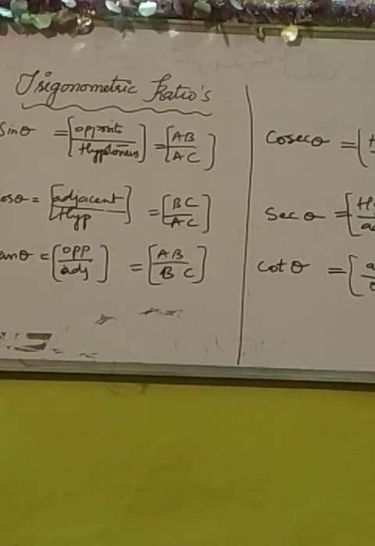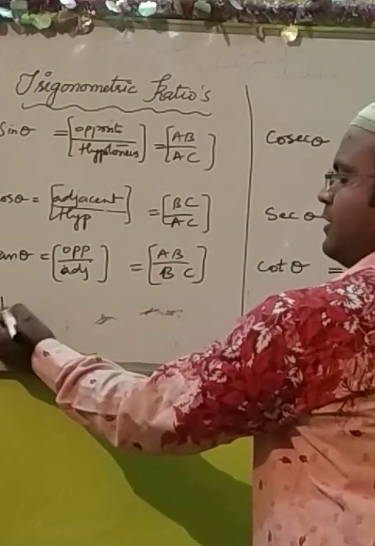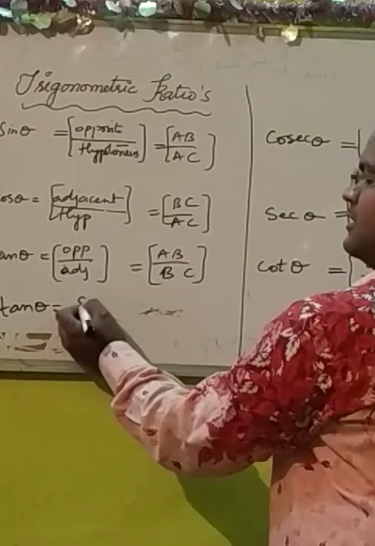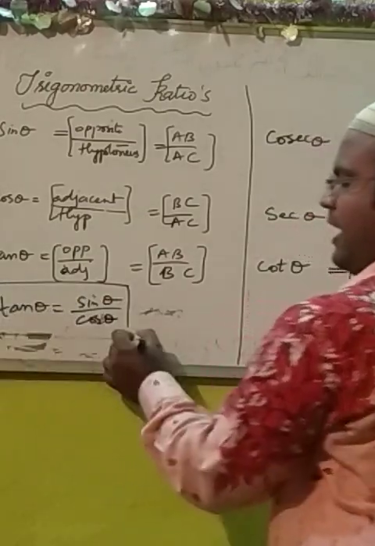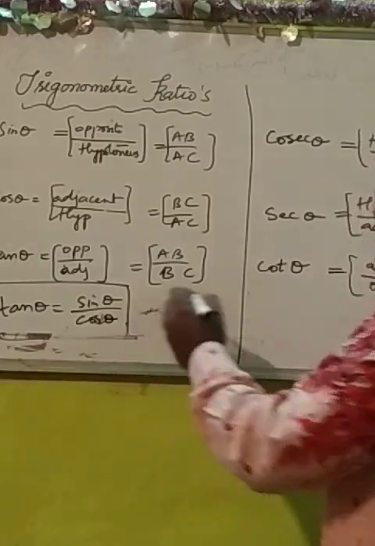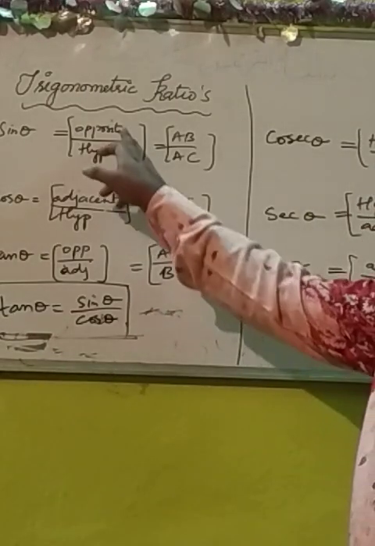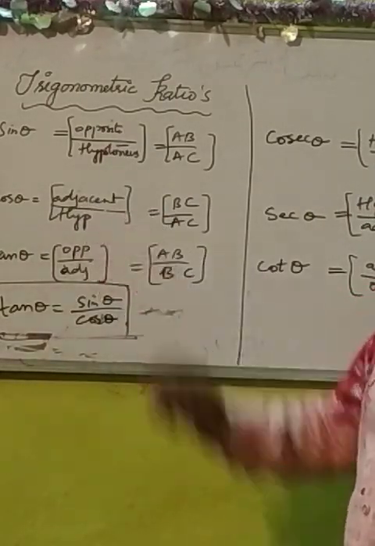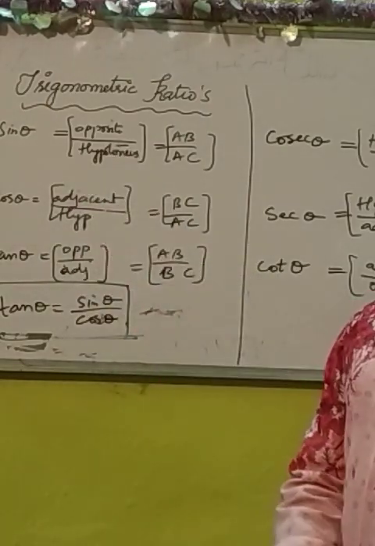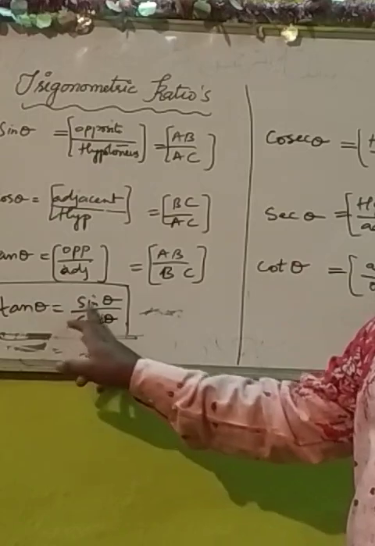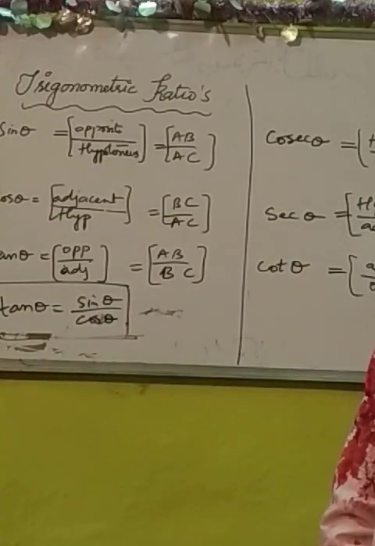If you want one more parameter, it will be useful in problems. Tan theta can be written as sin theta by cos theta. Because if you divide opposite by hypotenuse by adjacent by hypotenuse, the hypotenuse and hypotenuse get cancelled. So I can write opposite by adjacent, which is nothing but sin theta by cos theta.